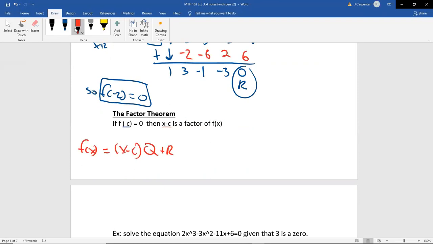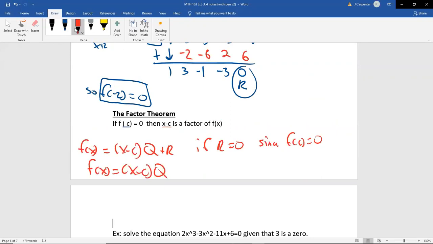Well, if the remainder is 0, since f of c is equal to 0, so if you put the c here and you get 0, and all that stuff from before, that says f of x is equal to x minus c times the quotient.